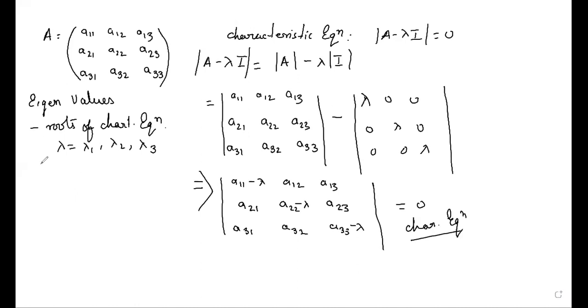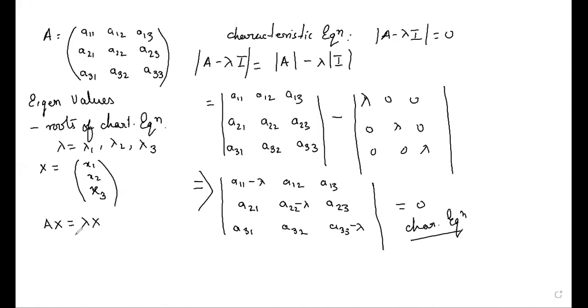There is a particular vector x, which I can take as x1, x2, x3 since we are taking a third order square matrix. This vector is known as the eigenvector if it satisfies Ax equals lambda x, where lambda is the corresponding eigenvalue.